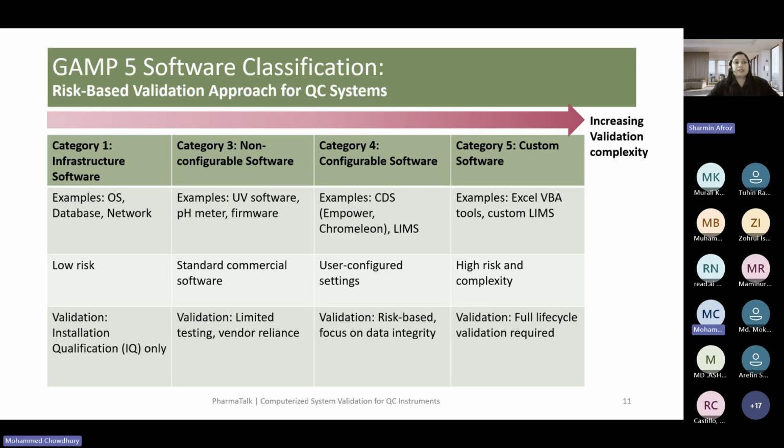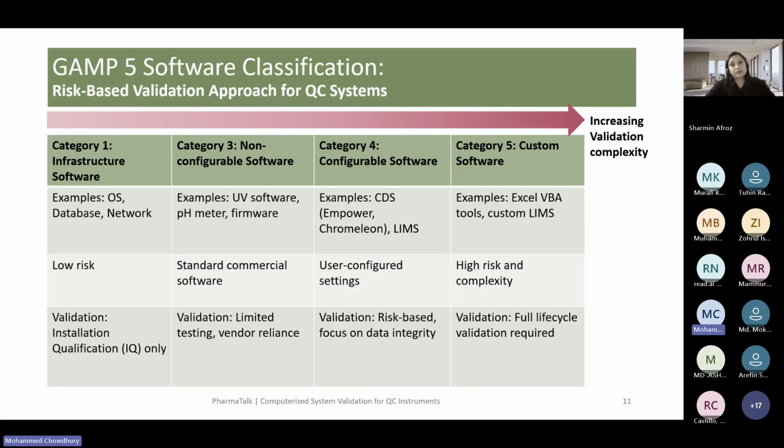Okay, got it. So the key takeaway is not all systems need the same level of validation, so it should always be risk-based. Every category has its own complexity, and depending on the complexity, the validation approach will be different. Suppose one question came to my mind.